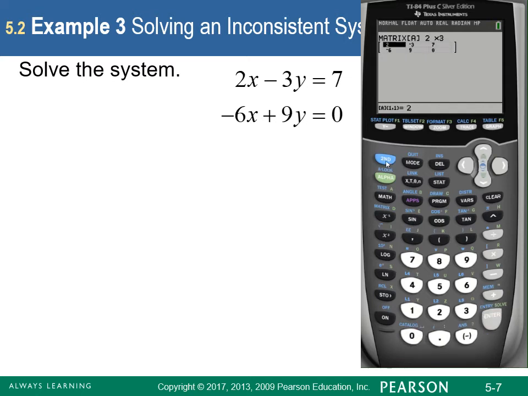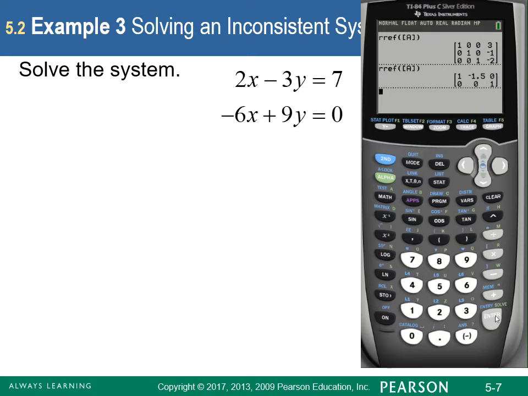We go second quit. Now again, since the last thing I did was RREF, matrix A, and since I just used matrix A again, all I have to do is push enter, and it will do the RREF on matrix A, but matrix A is now the new matrix, and so we get this.